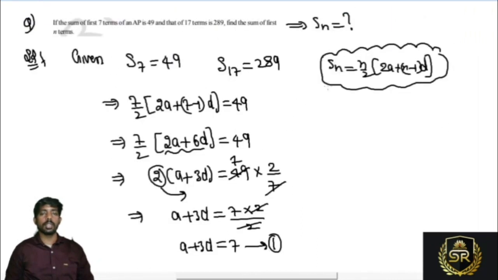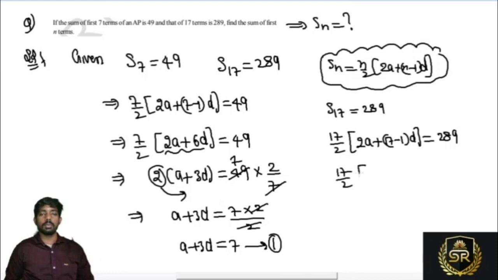And one more. Here S17 is given. S17 is equal to 289. S17 can be written as 17 by 2 into 2a plus 17 minus 1 into d is equal to 289. So 17 by 2 into 2a plus 16d is equal to 289.